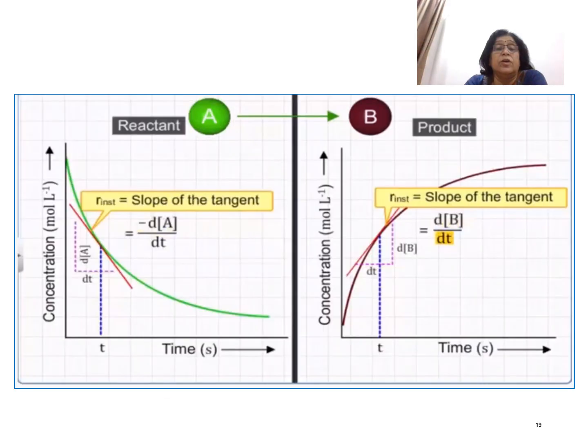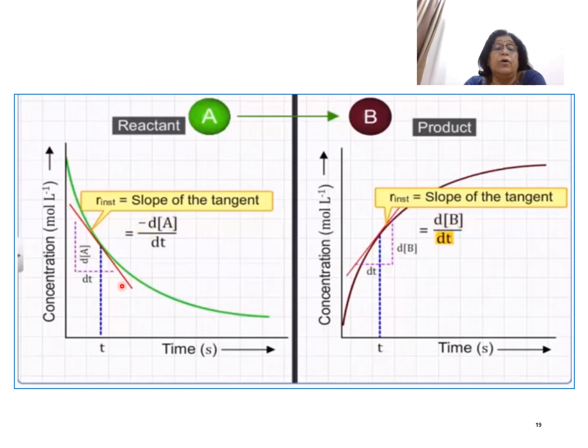Now how do you find the instantaneous rate graphically? Let's say a reaction A gives B. Let's see the first graph here, the concentration and time graph. For the reactants, the concentration decreases with the increase in time, and therefore a curve is obtained.